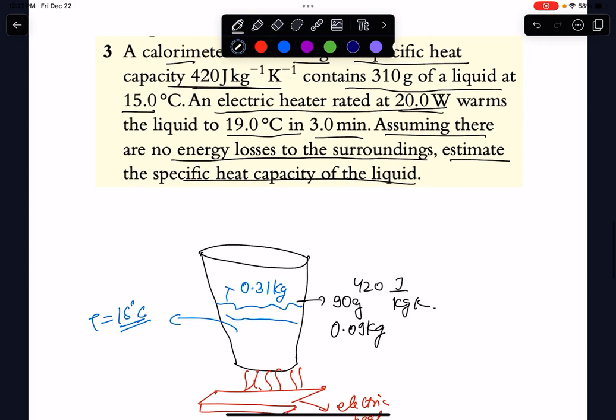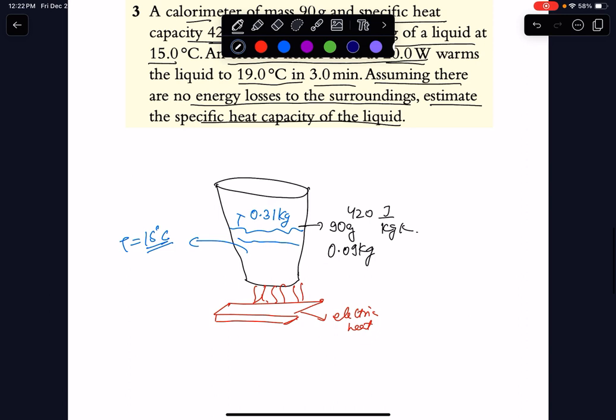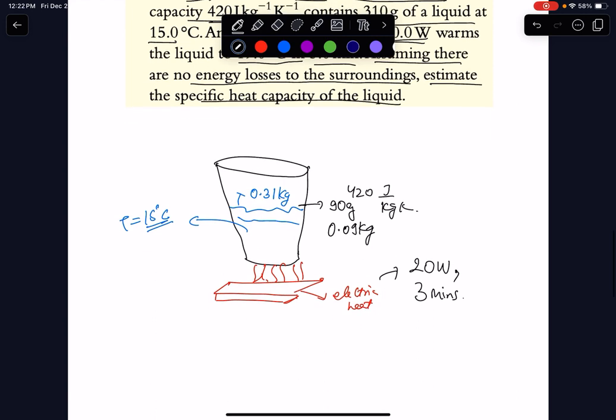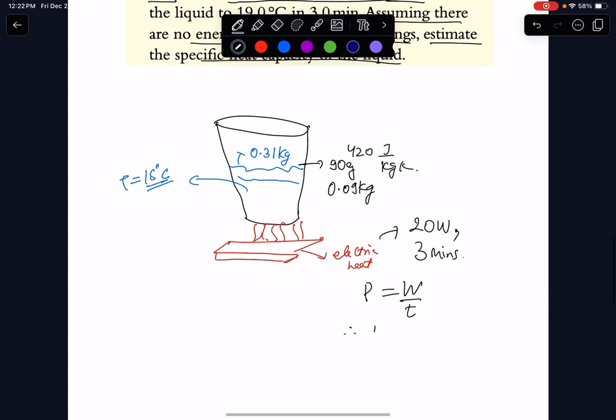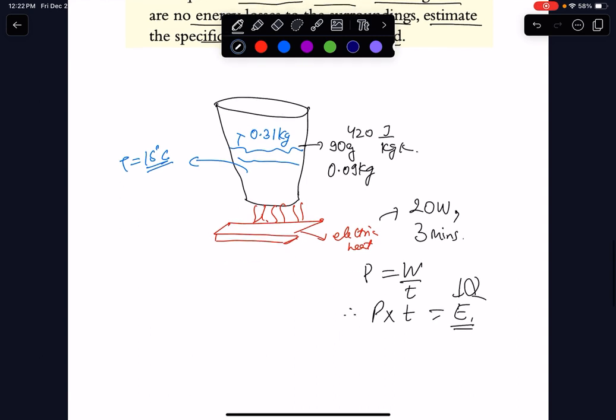Now the electric heater is rated at 20 watts, and it provides heat to the liquid for 3 minutes. You just need to know that power is work done over time taken, and therefore if you multiply power times time, you get the work done, or the energy, which in this case is the heat energy Q. So you've got 20 watts supplying for 3 minutes.